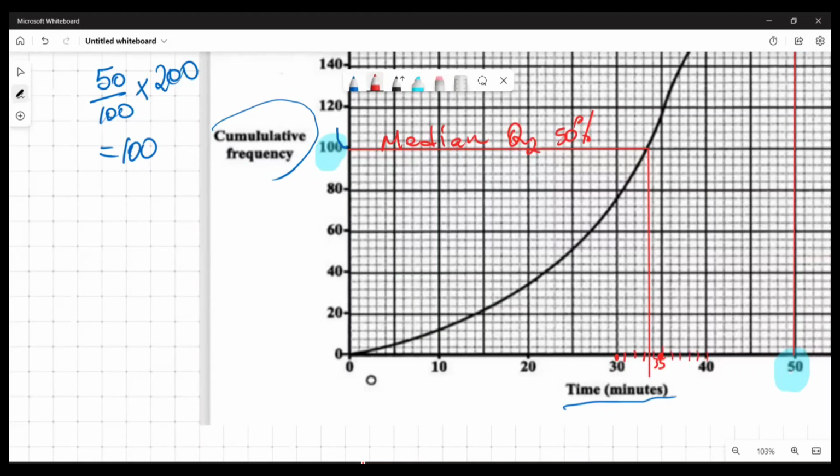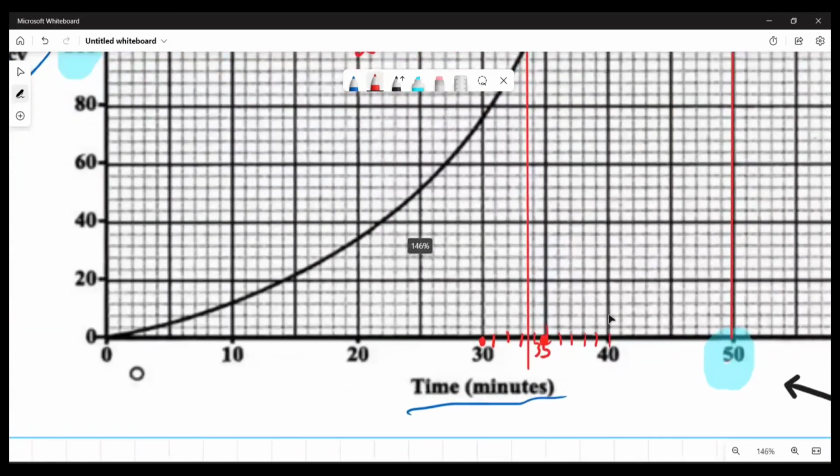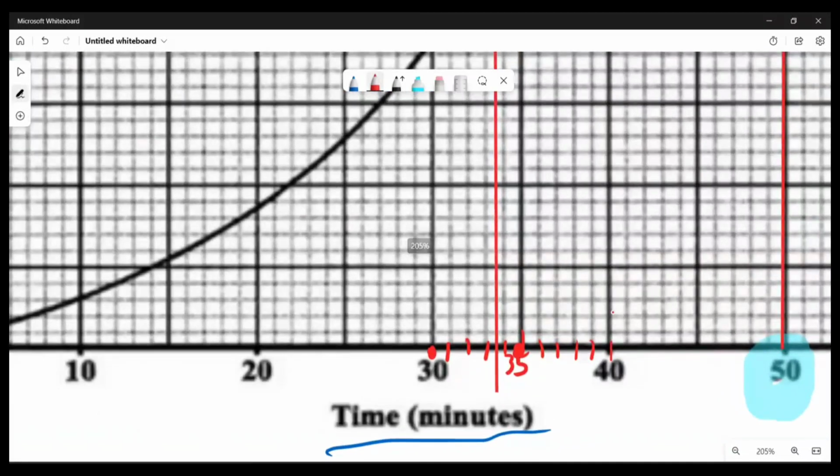The line that I have that came down is between 33 and 34? 33 you have? Oh, 33 flat.